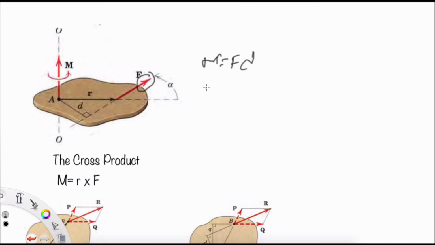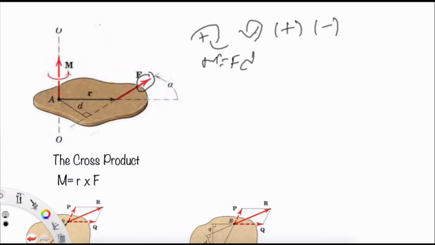It is important to determine whether it is clockwise or counterclockwise, so you have to determine this to know the sense of the moment. The positive and negative signs are the convention to indicate only the sense of the moment.